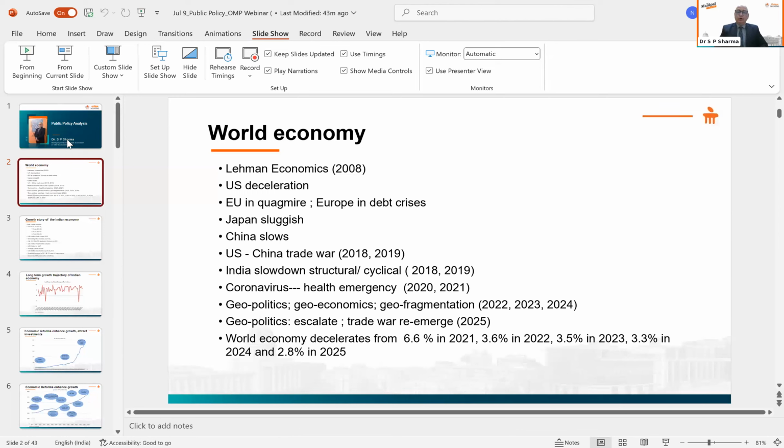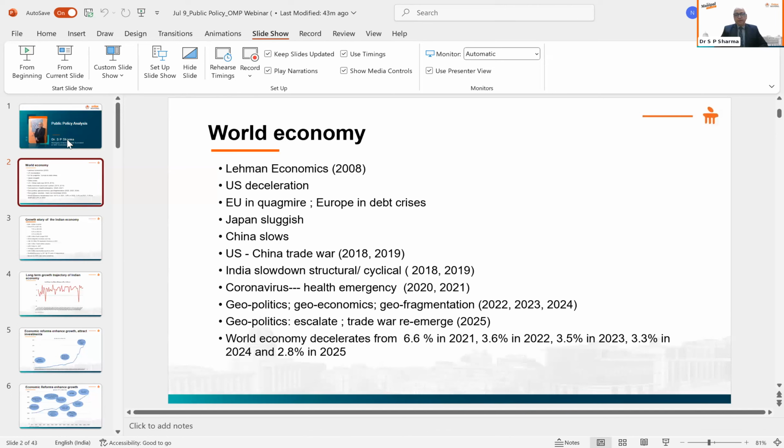Firstly, we have to know about the global economic environment when we are going to assess some public policy in the public domain. We have to know about the national and international economic environment, how things are happening at the national level or at the global level.